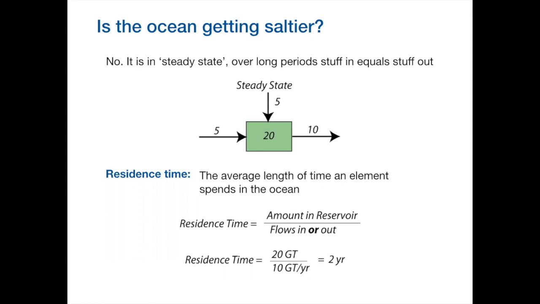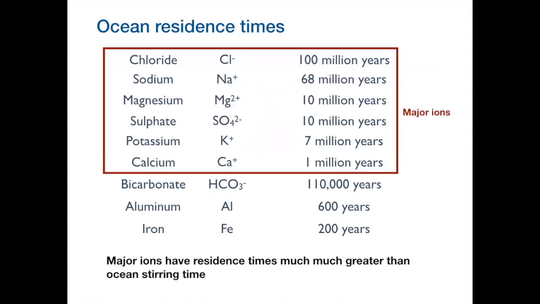So if we go back and look at our 6 major ions and their residence times, you can see all 6 major ions have very long residence times. So chlorine has a residence time of 100 million years, sodium 68 million, and all the way down to calcium at 1 million years.